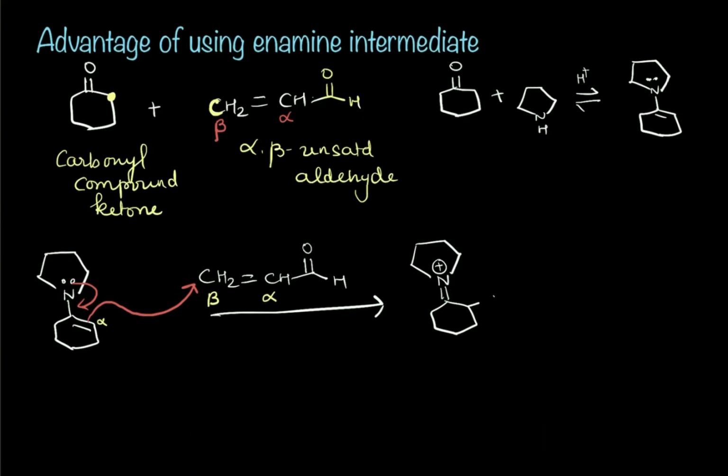And remember the alpha hydrogen is now substituted for the alpha beta unsaturated aldehyde group. So when these electrons come up here, this is going to hop here and the electrons will go on to oxygen.